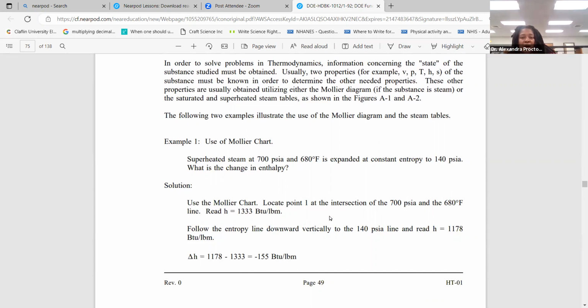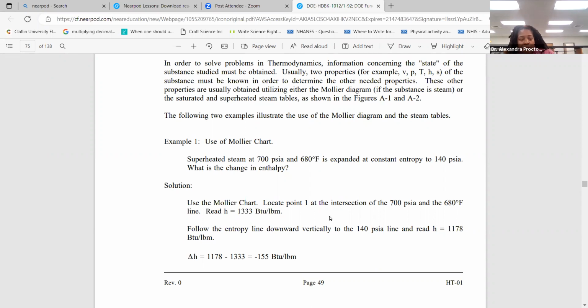So in order to solve problems in thermodynamics, the information concerning the state of the substance has to be obtained. Usually two properties, for example, V, P, T, H, S of the substance must be known in order to determine the other properties. And these properties are usually obtained utilizing that Mollier diagram we talked about before.